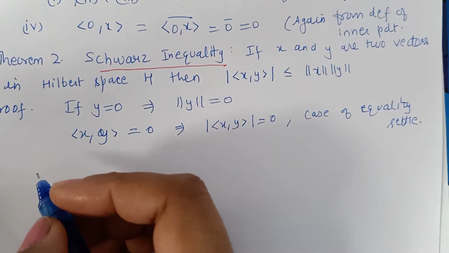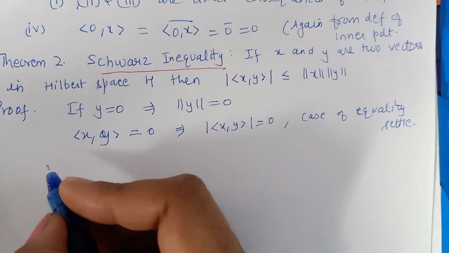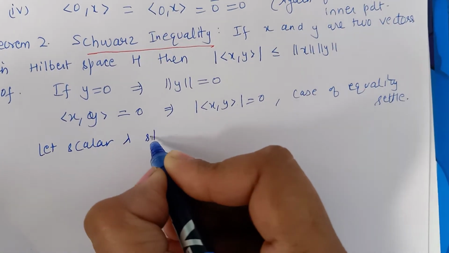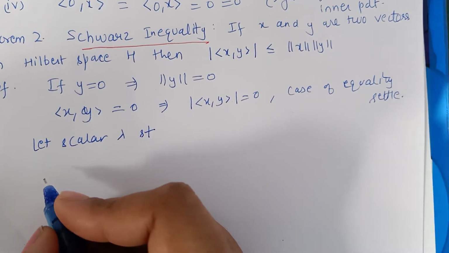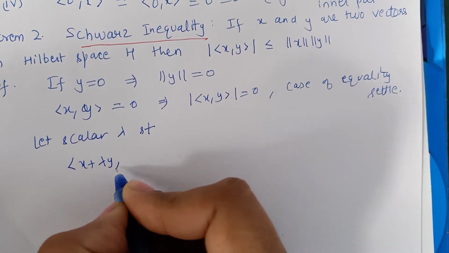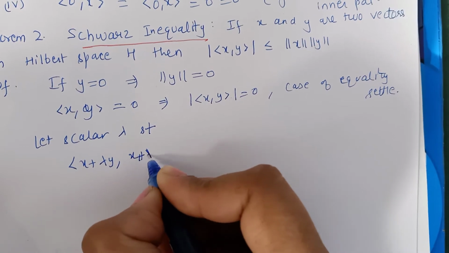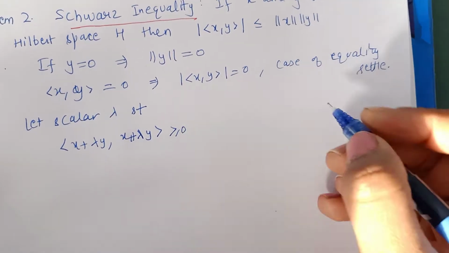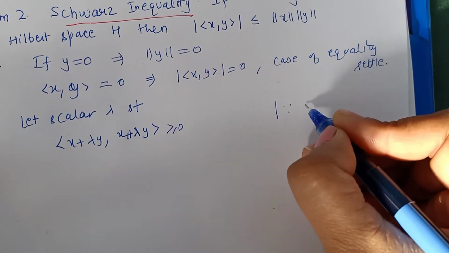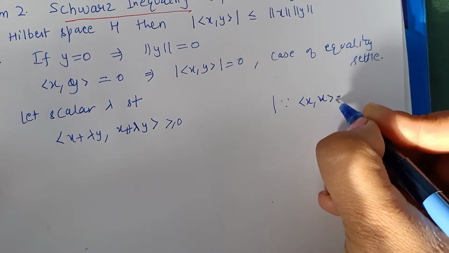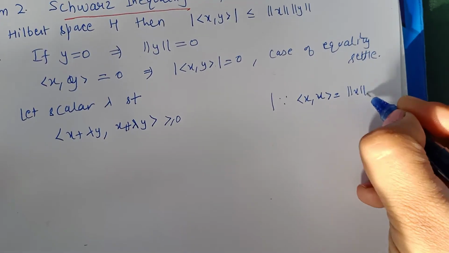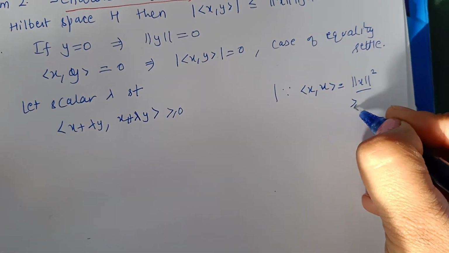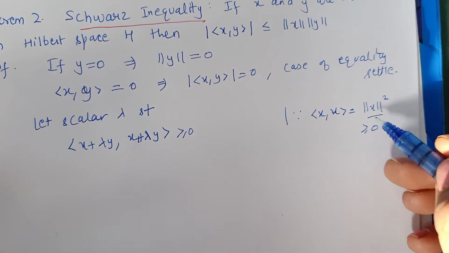So for the next case, we are considering a scalar lambda in such a way that the inner product of x plus lambda y with x plus lambda y only is greater than or equal to 0, because the inner product of a number with itself is basically the square of the norm, and we know norm is just the length of a vector, and it always remains positive in case our number is non-zero.